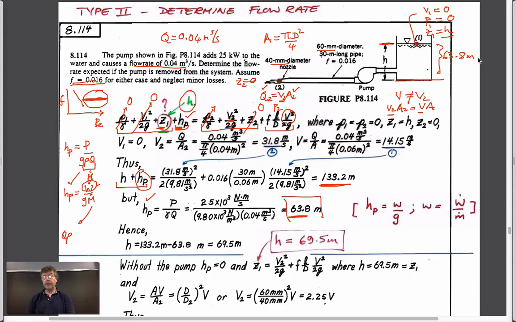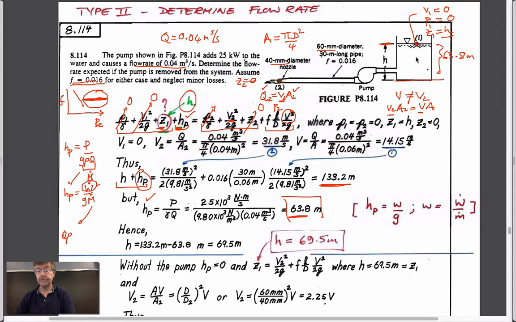So we have that. And now we turn the pump off and we see what happens. So now we can rewrite this expression between 2 points. We can write it again between the upstream point and the downstream point. And what do we know?